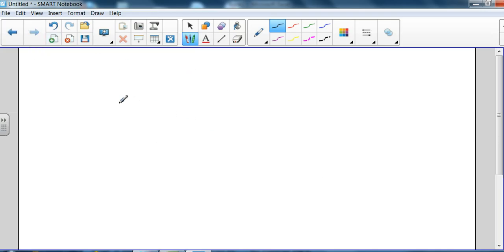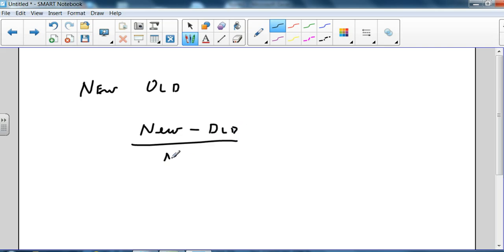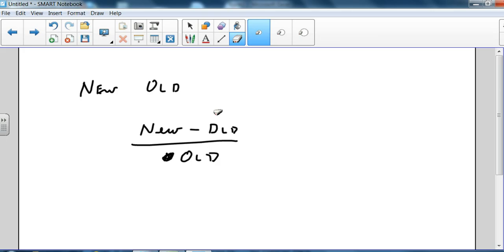So now we have some data, and we'll call the data new, and we'll call the data old, and we want to find the percent error between the two. Well, we're going to take the new value, and subtract the old value, and divide by the old value.